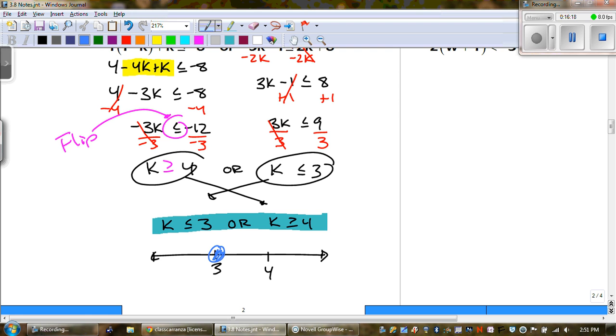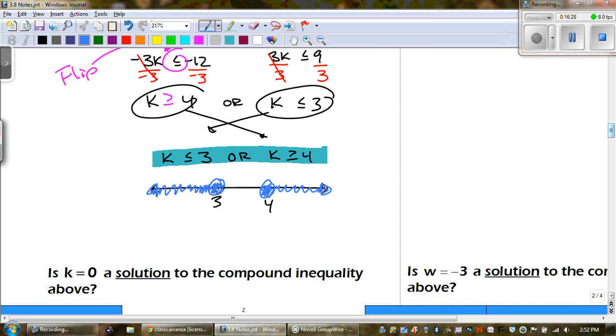At 3, we are closed and we shade to the left. And at 4, we're closed and we shade to the right. Writing that in interval notation, negative infinity to 3 and we're closed, union, and then we're closed at 4 to positive infinity.